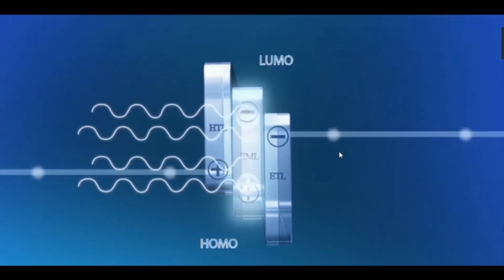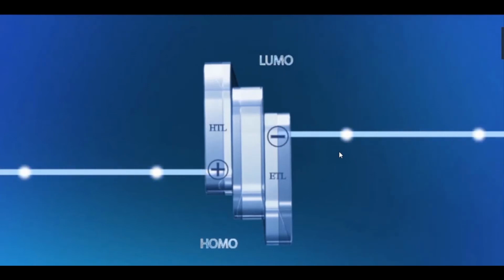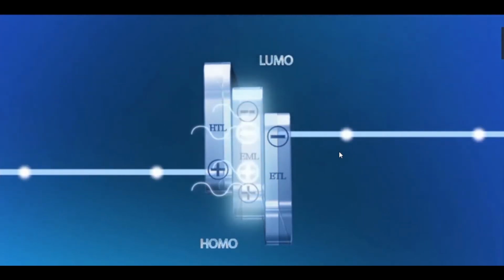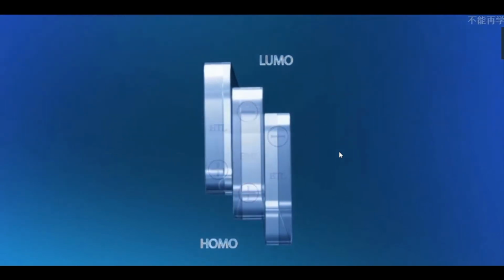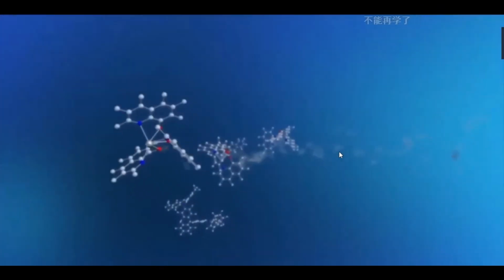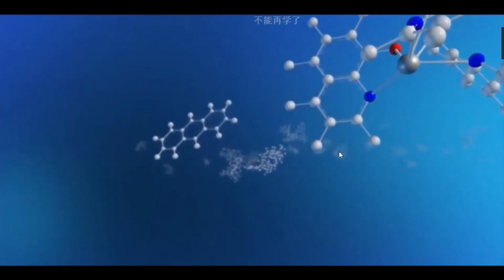Therefore, the electrons will travel in between the organic layers and enter the emission layer. They combine in the emission layer and become excitons. The unstable excitons return to their ground state by emitting light, and this is the process of electroluminescence.